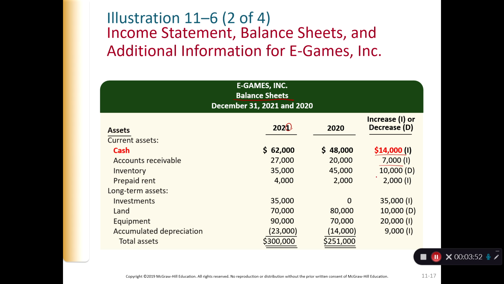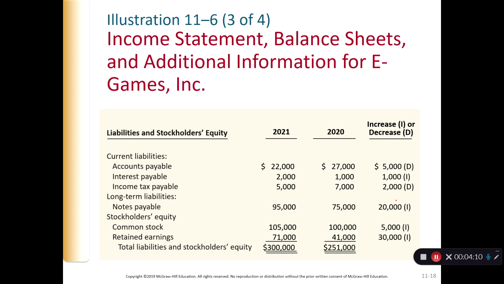Inventory is decreasing by $10,000, and prepaid rent is increasing by $2,000. So on and so forth. We find out that each line item on this balance sheet, at least in the asset section, is indicated by increasing or decreasing amounts.